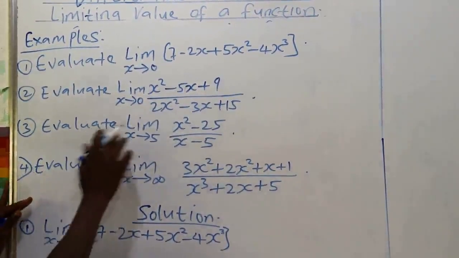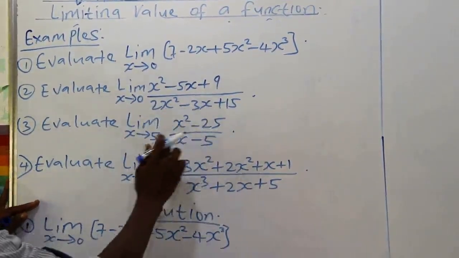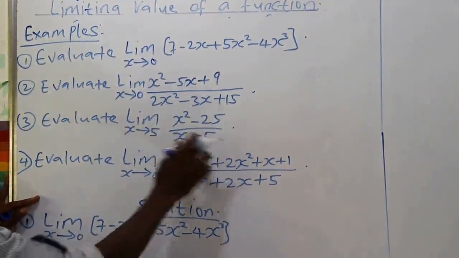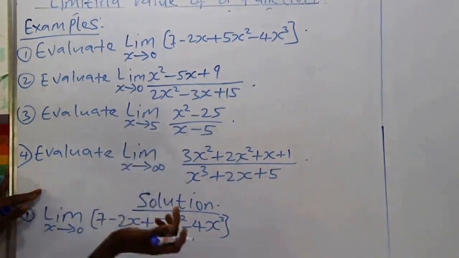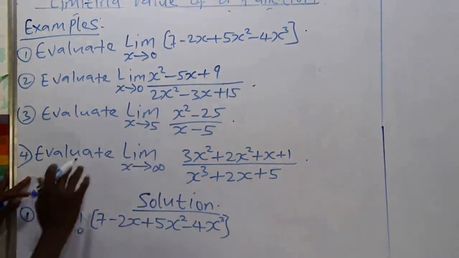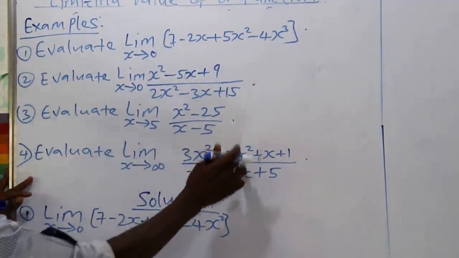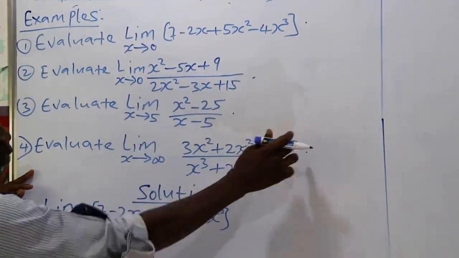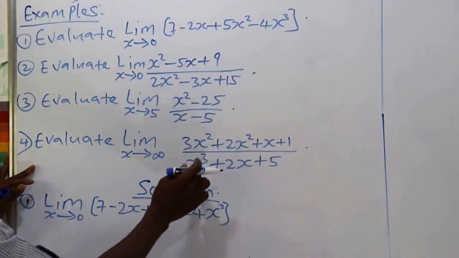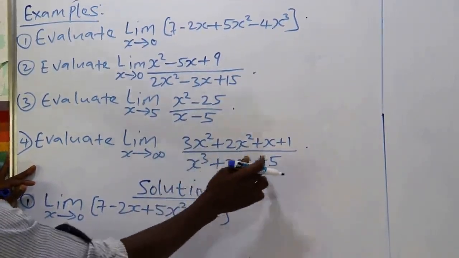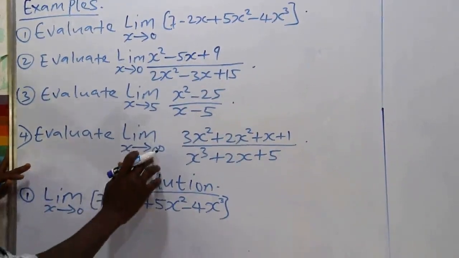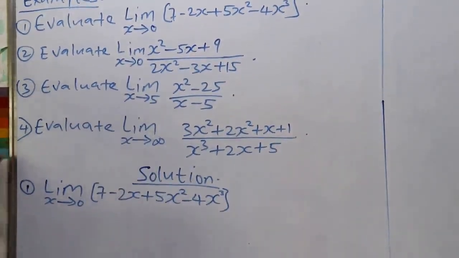Evaluate the limit of x squared minus 25 divided by x minus 5 when x tends to 5. Then example 4. Evaluate the limit of 3x squared plus 2x squared plus x plus 1 divided by x cubed plus 2x plus 5 when x tends to infinity.